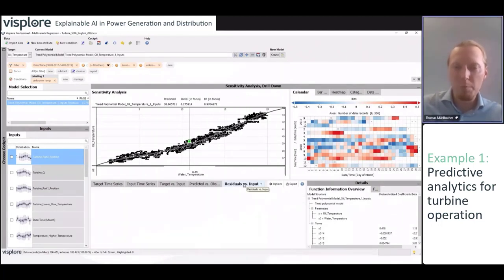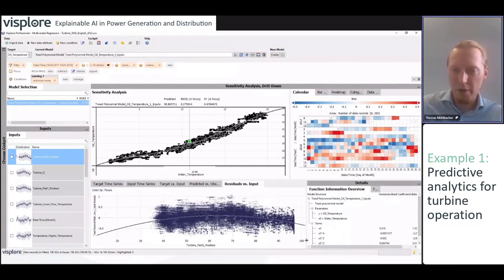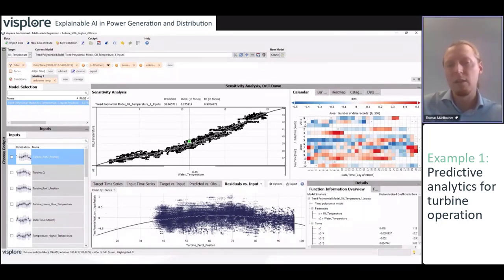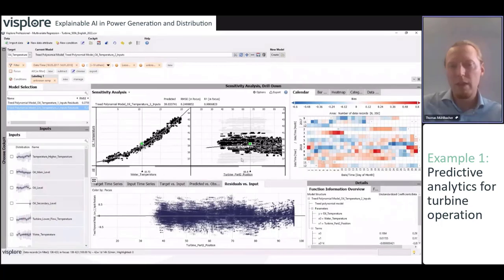I'm not completely sure, but I think it's a mechanical feature of this turbine that also, as you see here, explains some pattern that is in the errors of this model, which tells us we might gain something by including this in the model definition. So let's add this feature, make a new model variant that is two-dimensional based on the water temperature and this turbine part 2 position.